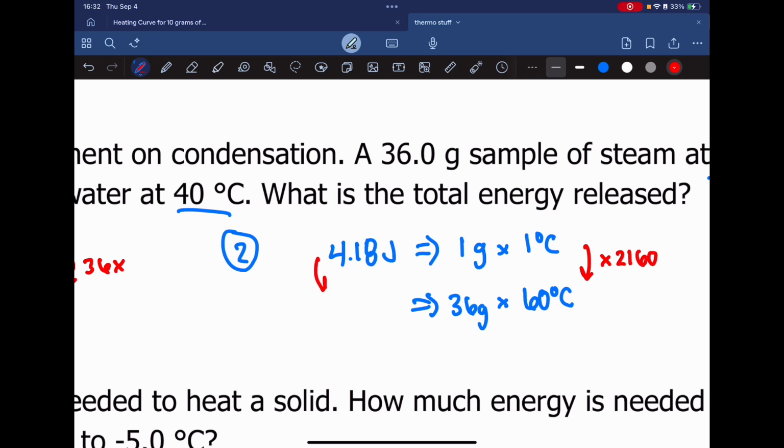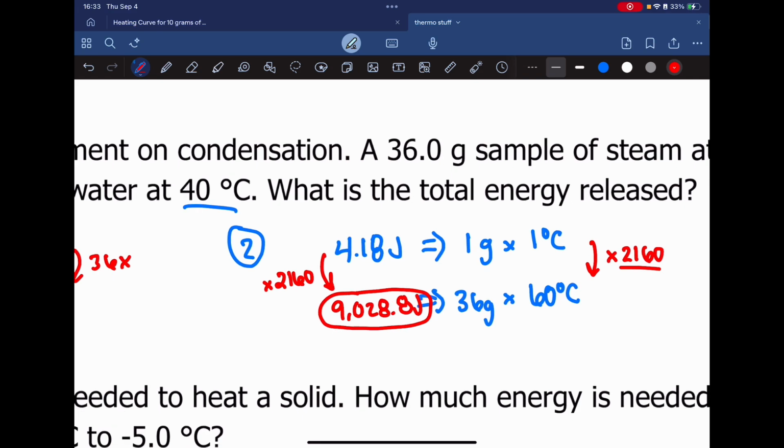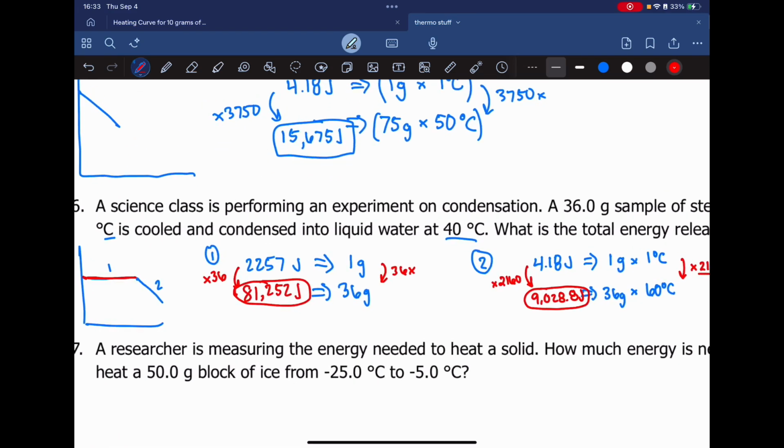That is my scale factor here, and it must also be my scale factor over here, because it must take 2,160 times as much energy to do this if we are doing that. All right, so I'll go 2160 times 4.18. I get 9,028.8. Sure, yeah, whatever, I'll take that 0.8. There we go. So that is step 1 and step 2, both solved.